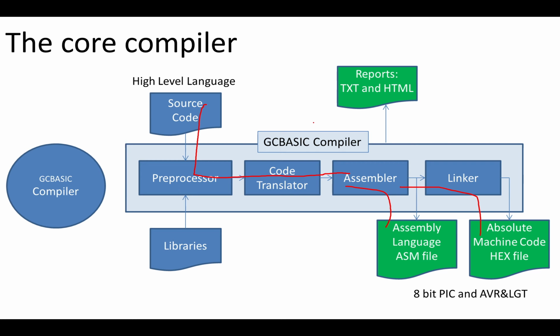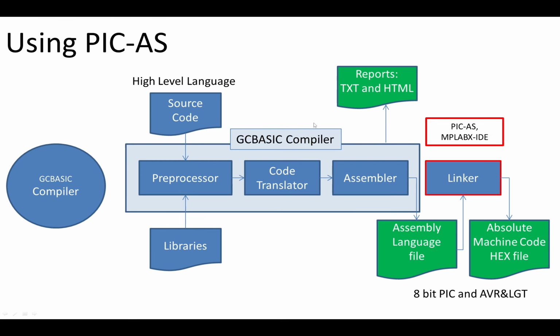But sometimes you want to change the linker. In this particular case, using PIC-AS, it could be MPASM, it is at this point here that it produces an assembler language file. Put the pen back on. And then that assembly language file could be pushed into your external linker, and then it will produce the hex. So what we're talking about is changing the linker component.